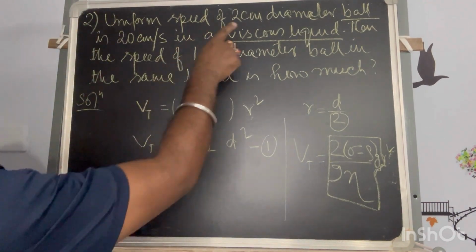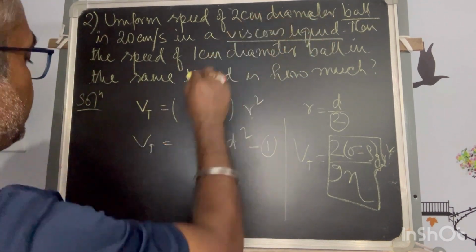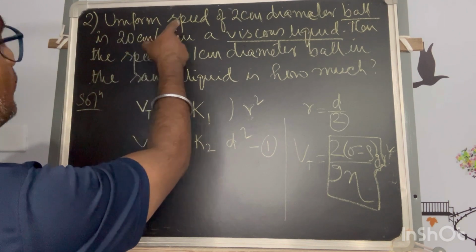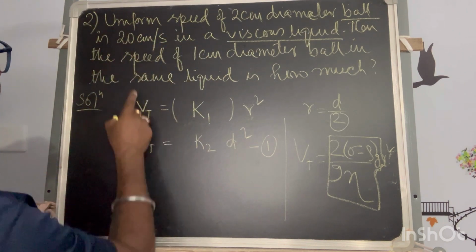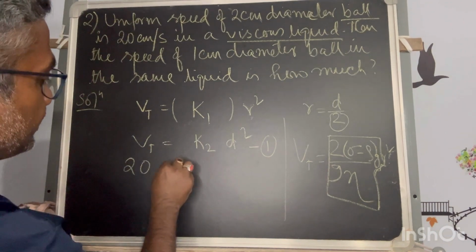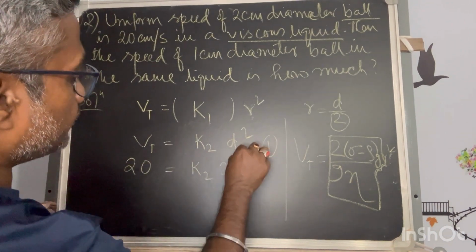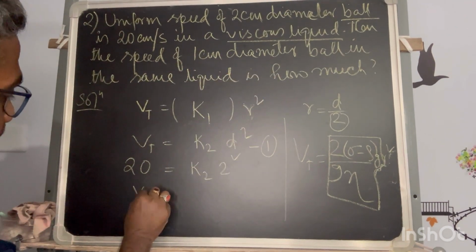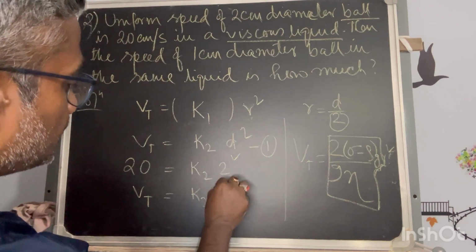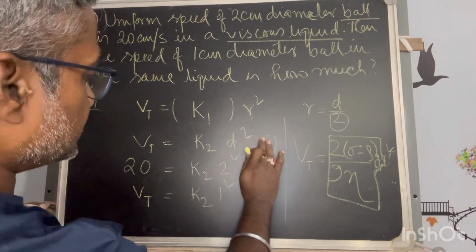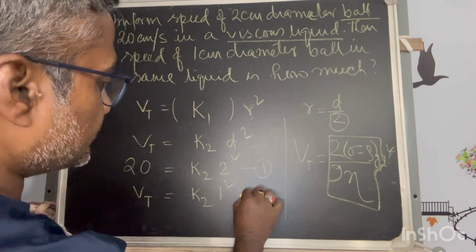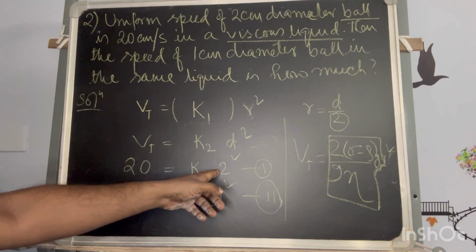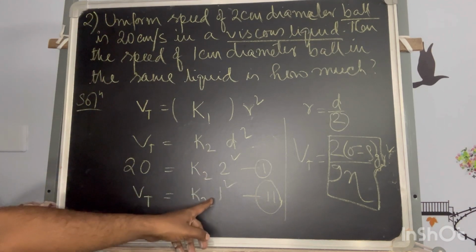So for the first case, when the diameter is 2 centimeter, you are getting uniform velocity Vt, so Vt for 20 you are getting k2 into 2 square. And when the diameter is 1, let's say k2 is the same, it is 1 square. So in the first case your diameter is 2, and in the second case your diameter is 1.